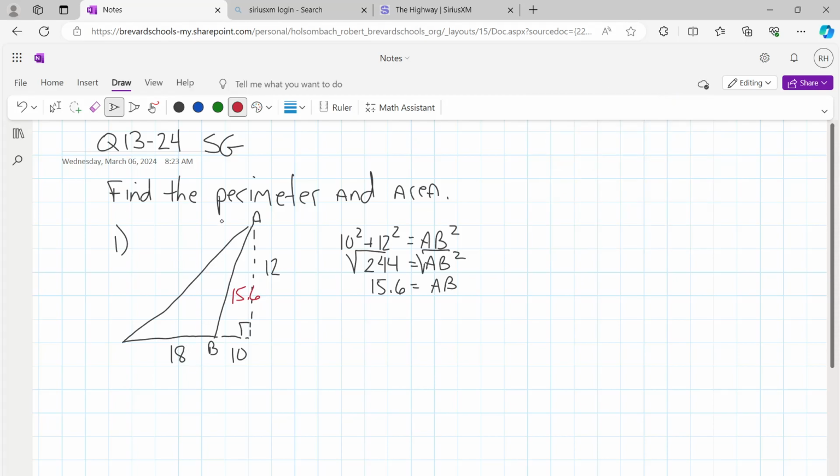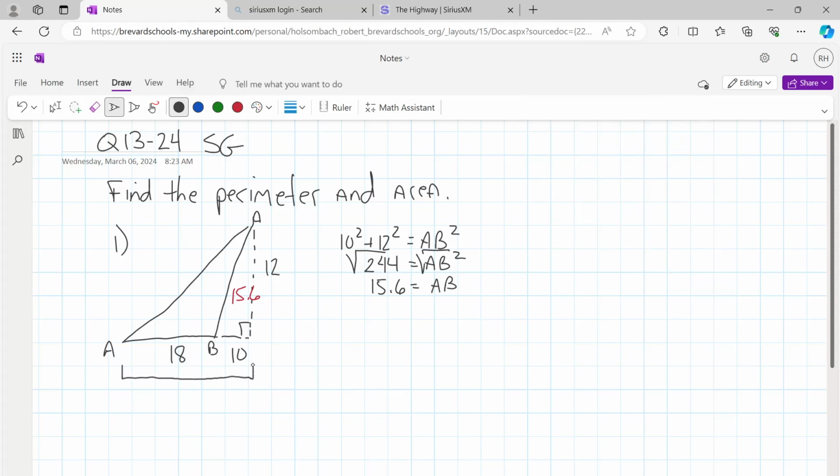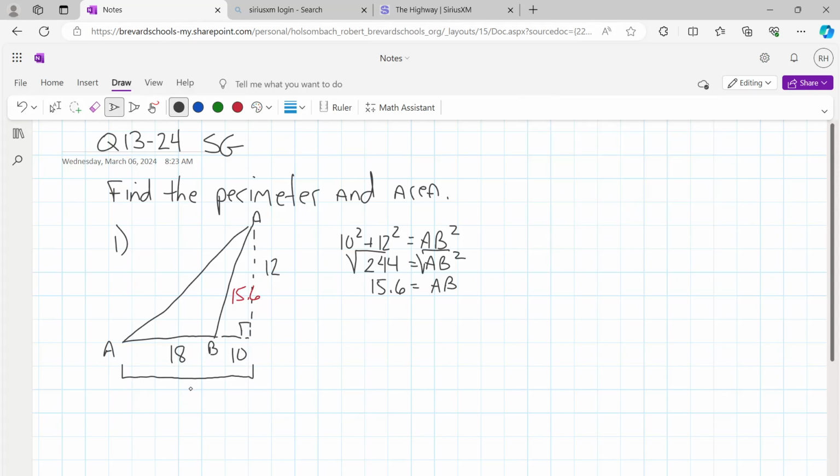Now what we have to do is find side AC. If we look at this big triangle, which includes the dashed lines, then the whole bottom would be the 10 plus the 18, and that's 28.